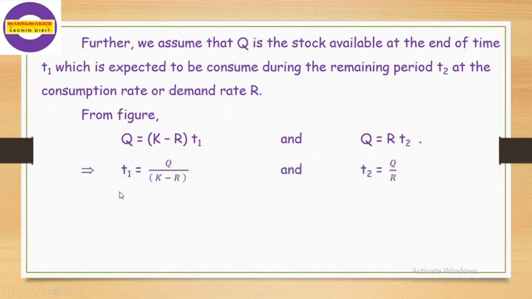Then T1 is equal to Q divided by K minus R and T2 is equal to Q divided by R.